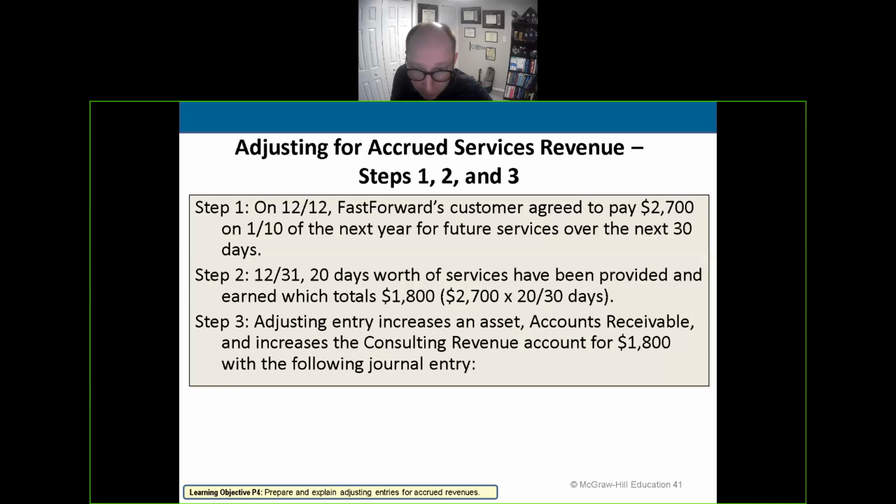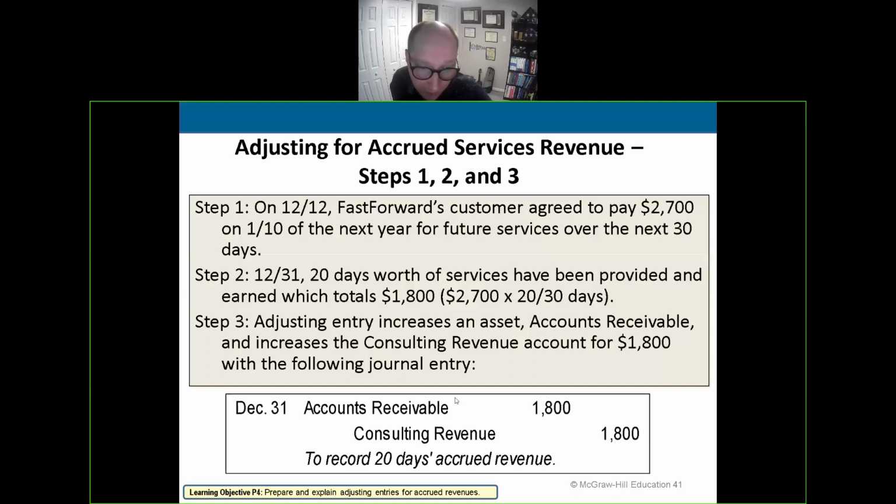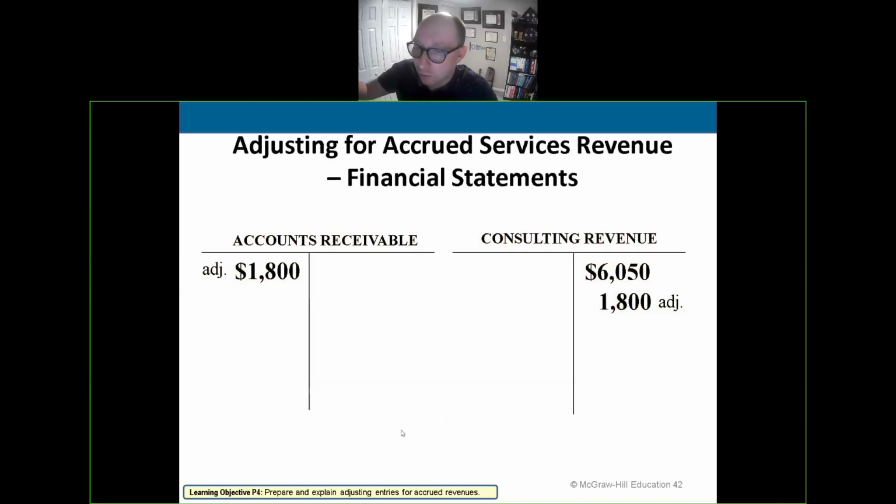The adjusting entries increase receivables, and the entry looks like this. Debit accounts receivable to increase our accounts receivable, and we credit revenue to recognize the revenue that is earned. Remember, it's earned when the goods or the services have been delivered. We provided the consulting service, therefore it's earned.